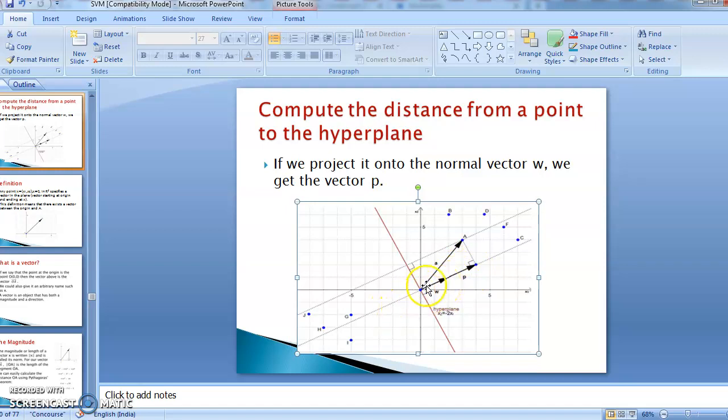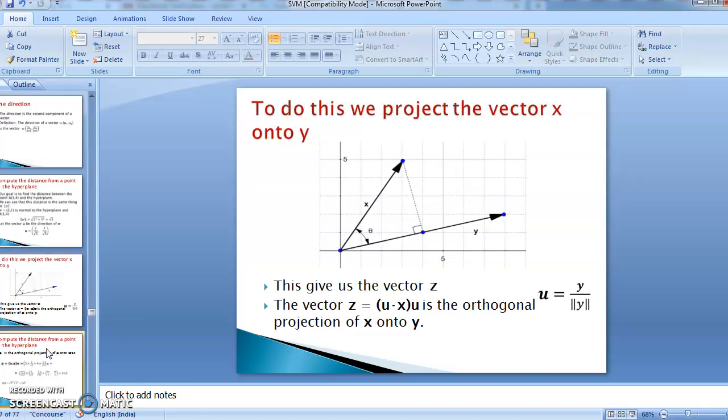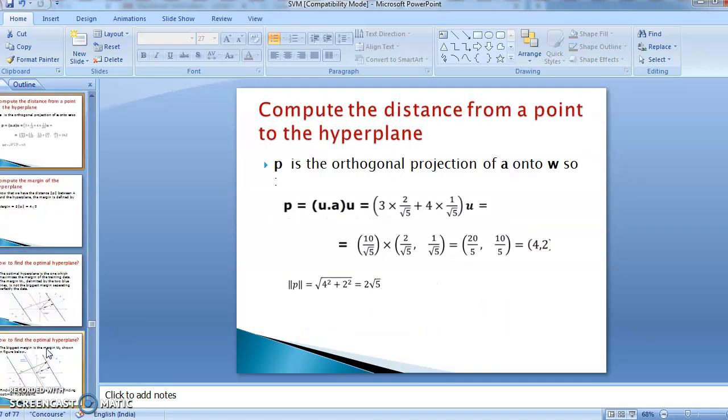So how will you find this OW distance? With the help of the Pythagoras theorem, as this point is (2, 1), so x is 2, y is 1, the distance OW is nothing but 2 square plus 1 square. So what distance will you get for this particular point?